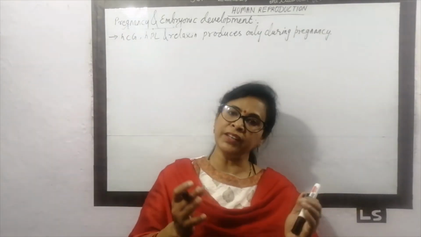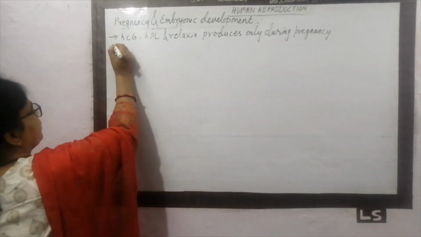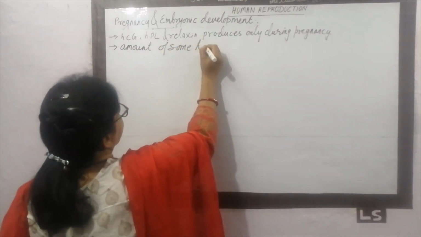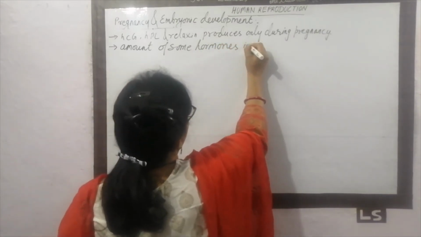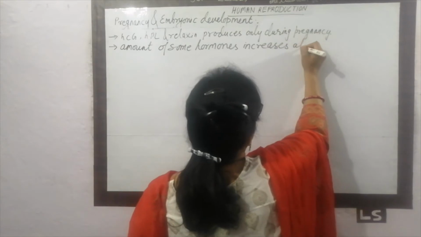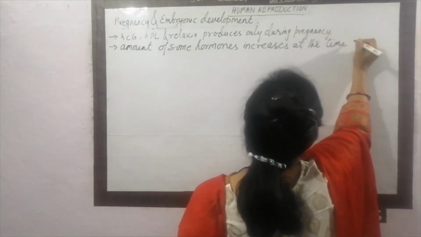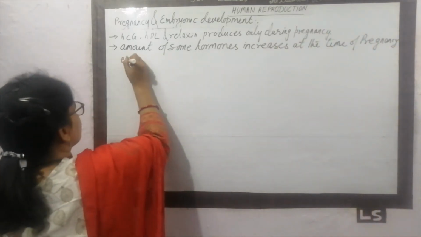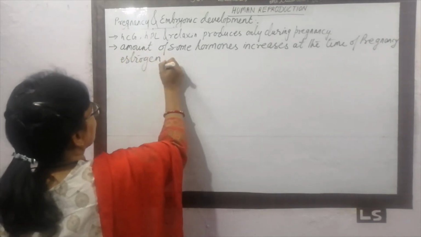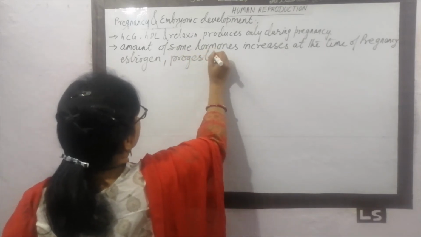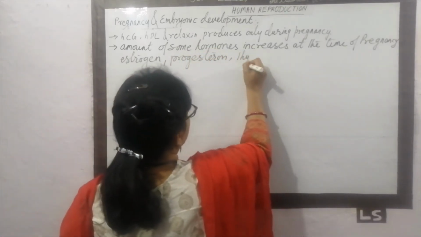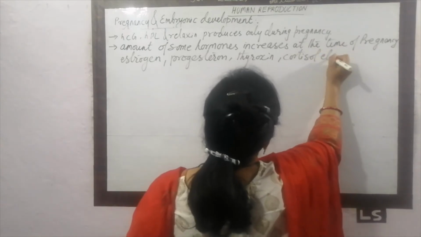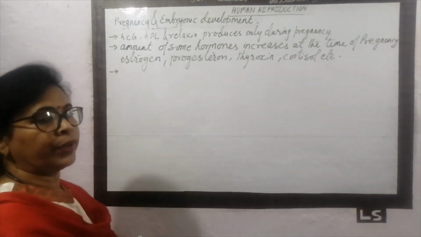The amount of these hormones increases at the time of pregnancy, such as estrogen, progesterone, then thyroxine, then cortisol, etc.